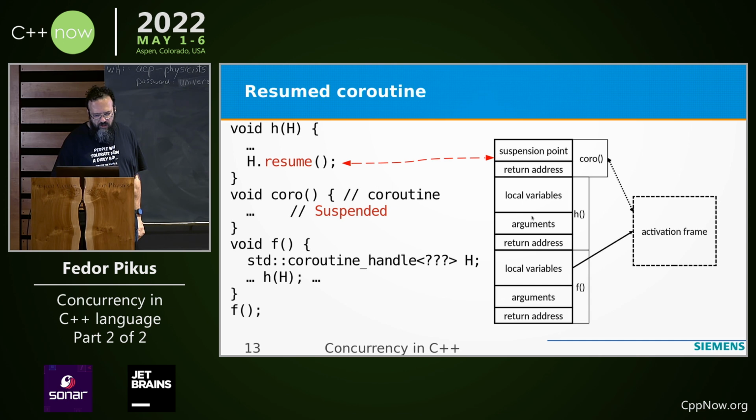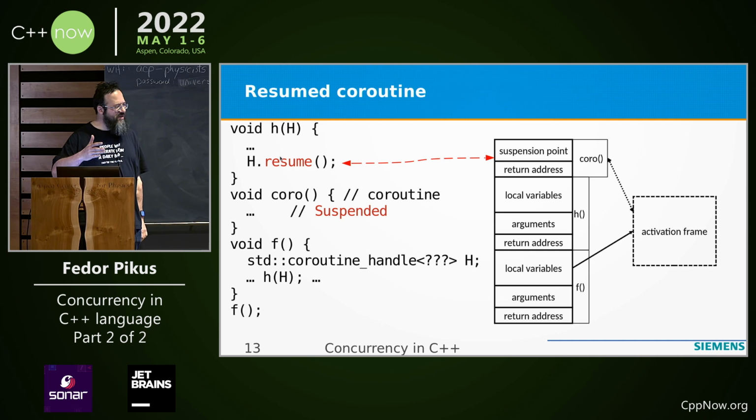At that point, the activation frame is accessed through the handle. The stack bits that are necessary, specifically the return address, are reconstructed from the coroutine frame, and the coroutine starts running. So I called coro from f, it suspended itself, f kept running, f called h, and now h resumed.